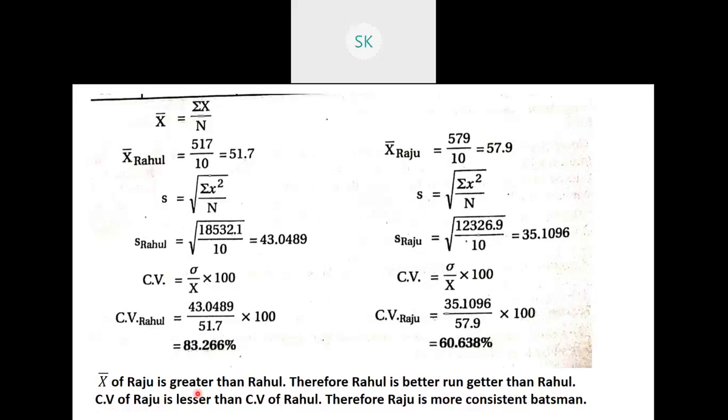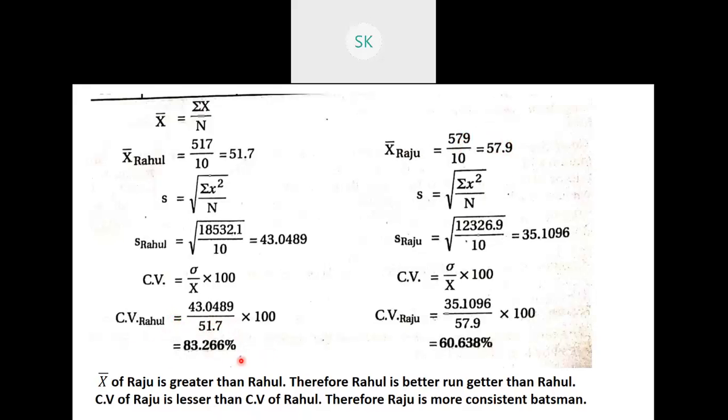Now let's come to the coefficient of variation, where the coefficient of Raju is less than the coefficient of Rahul. Raju was a better run getter; he was able to fetch a good amount of runs in one go. But when it comes to coefficient of variation, Rahul has more.